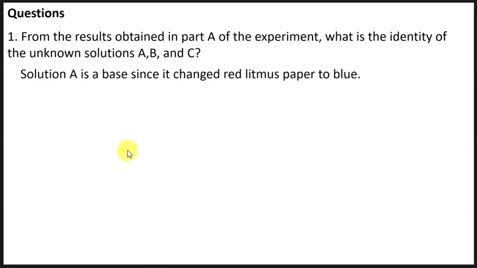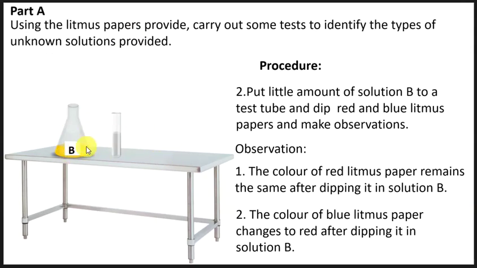Then again, now we'll go to B. We'll get back to the results that we got for B. We saw that the color of red litmus paper remains the same after dipping it in solution B, so this one will not help us. Part 2 here says the color of blue litmus paper changes to red after dipping it in solution B. Meaning when we dipped a blue litmus paper in solution B, it changed to red.